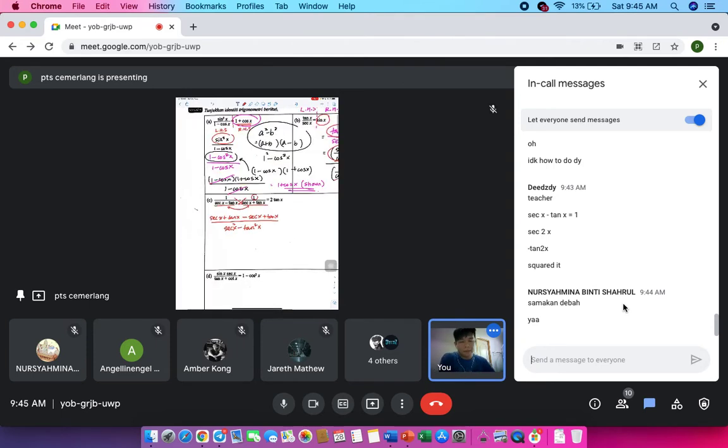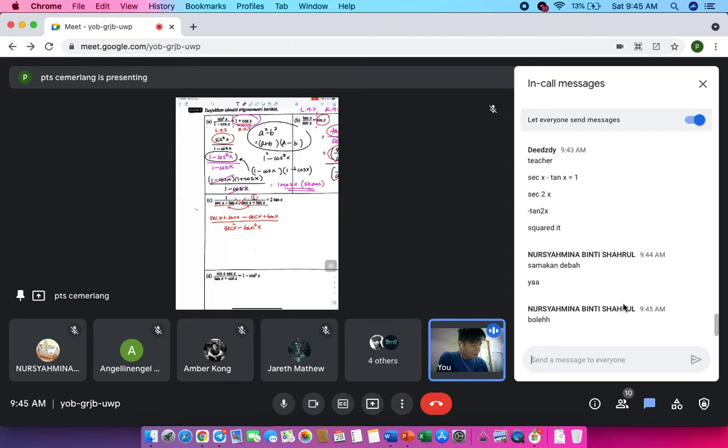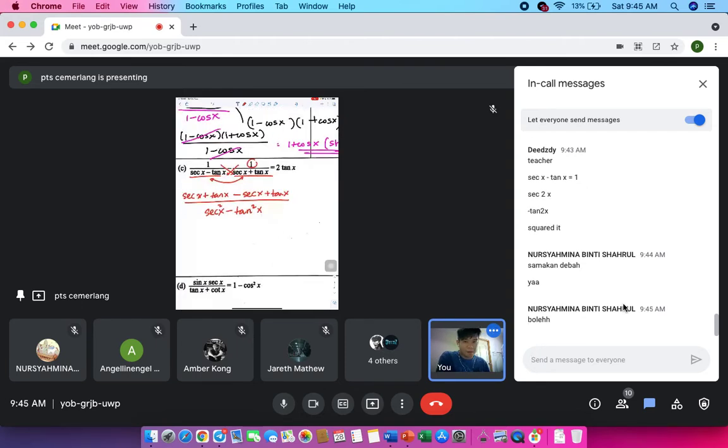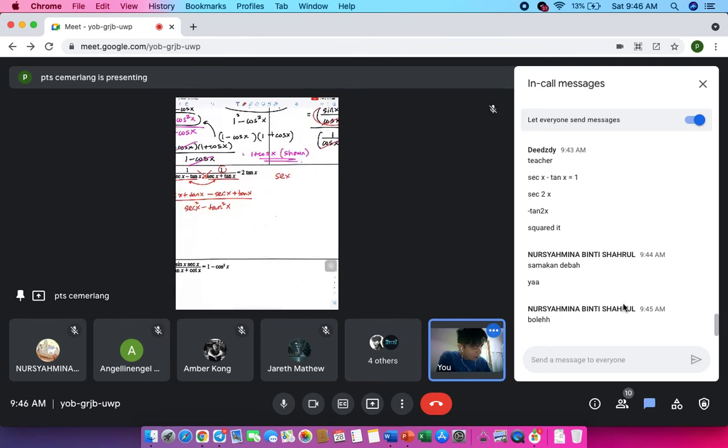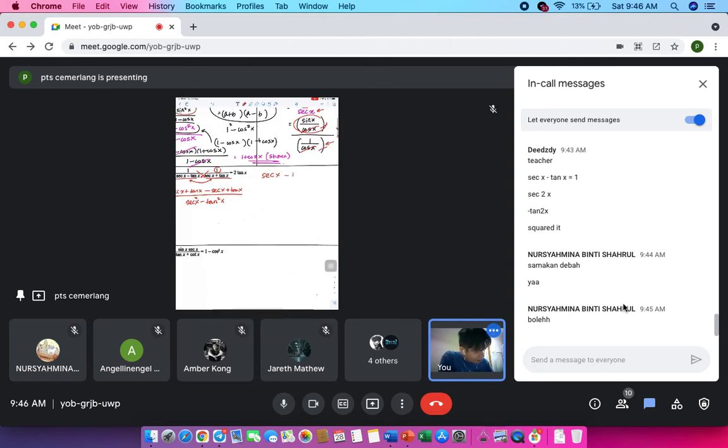Boleh tak? This one masih dapat terima kah? Boleh? Sebab nampak secant x, serious. My bad. Secant x minus tangent x.